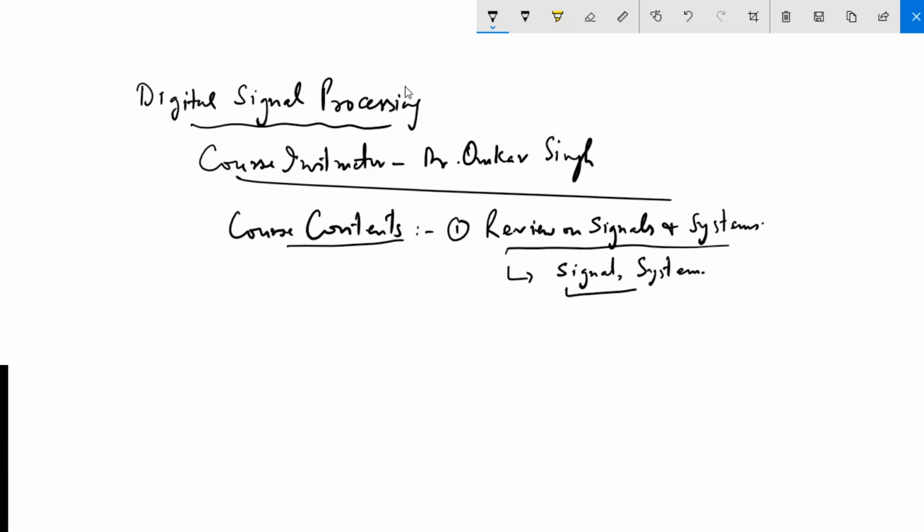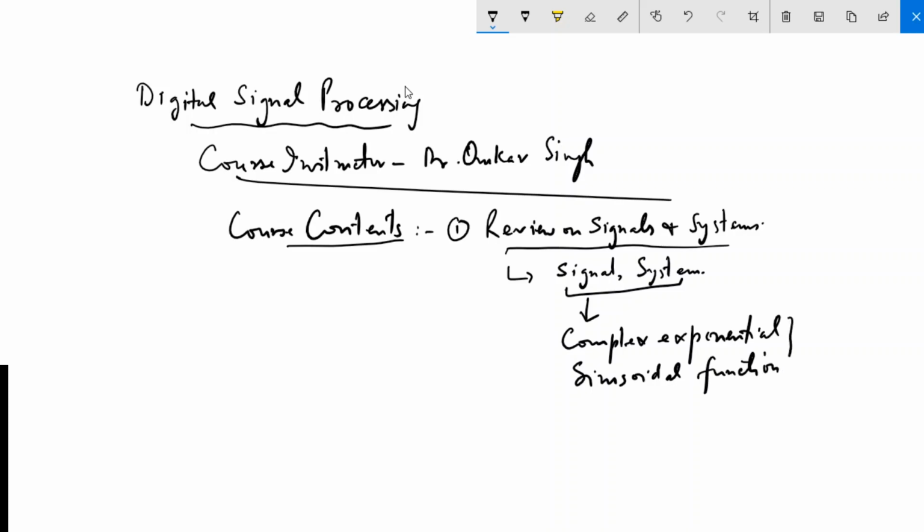The focus will be basically on two important signals. One is the complex exponential and the second is the sinusoidal signal, sinusoidal function.